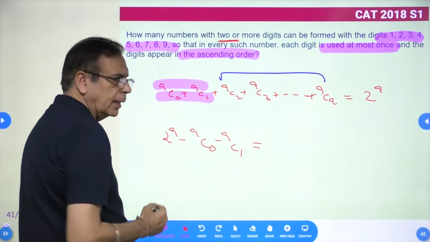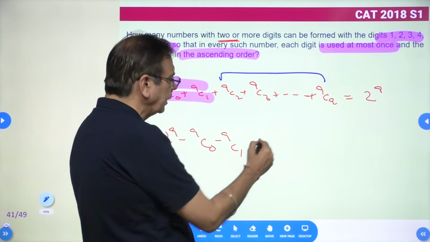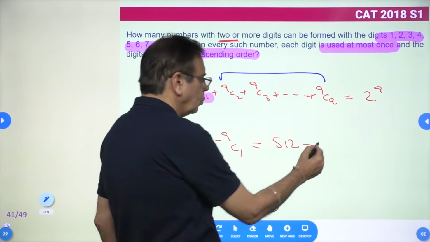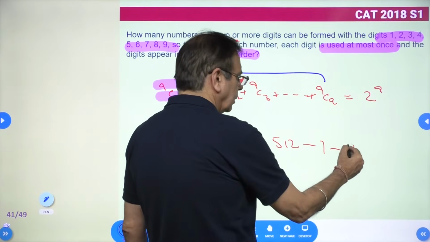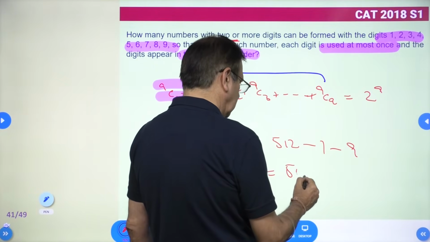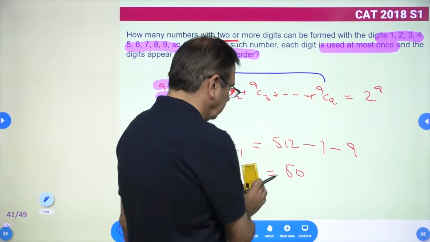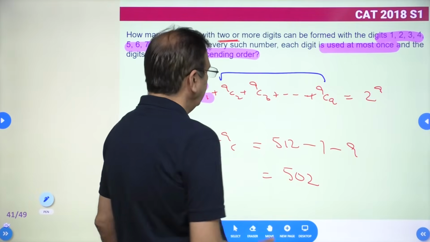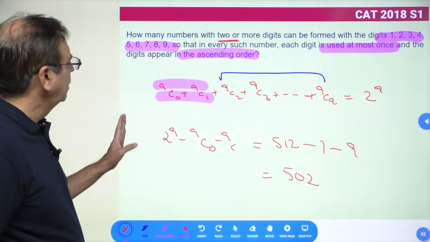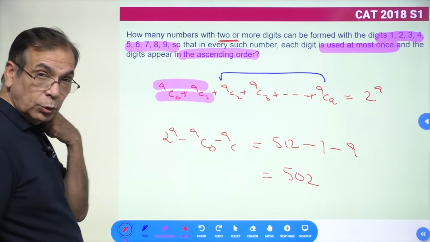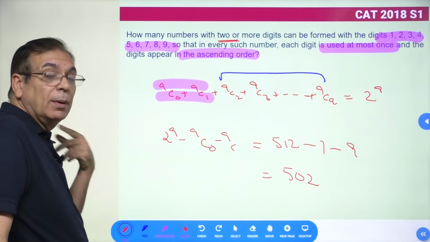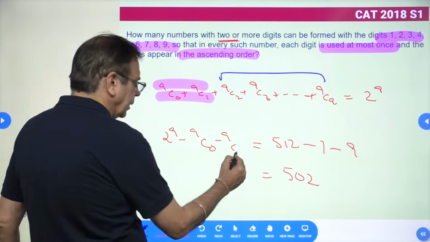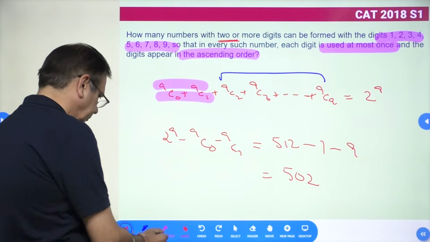How much is 2 to power 9? 2 to power 10 is 1024, so 9 should be 512. Minus 9C0, 1. 9C1, 9. 502. Okay. So simple thing out here. If you remember this part, it's a straightforward question. Otherwise, if you don't remember, then if you start making cases, this is not a question which is worth attempting.